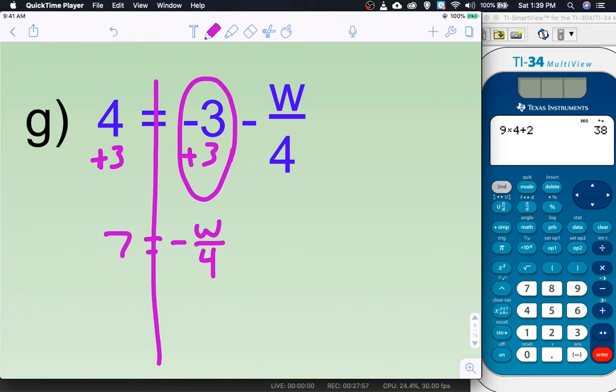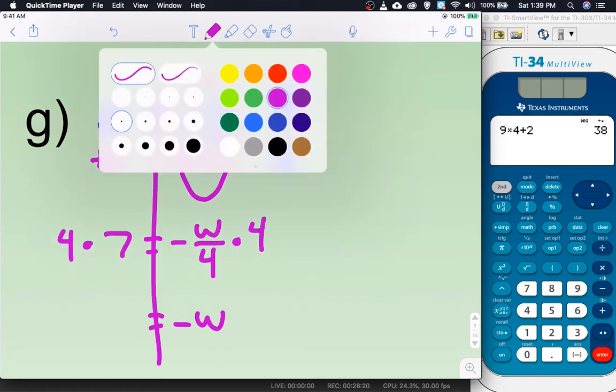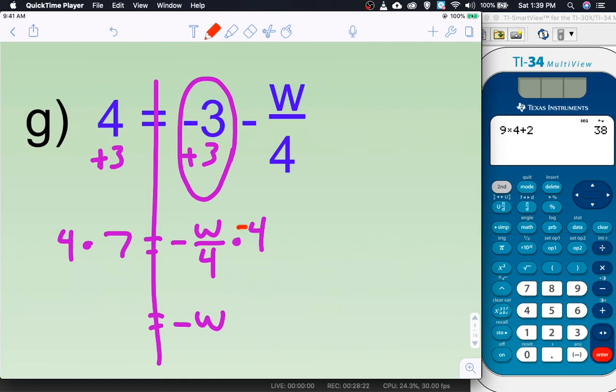Now, I could get rid of this divide by 4. I could multiply by 4 on both sides. But that's not the best choice. This will cancel out the 4's, but I would still have a -w, which I don't really want. I'm going to have to do another step then to get rid of it. What I can do instead of multiplying by 4 is multiply by a -4.